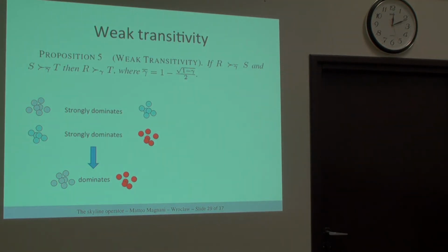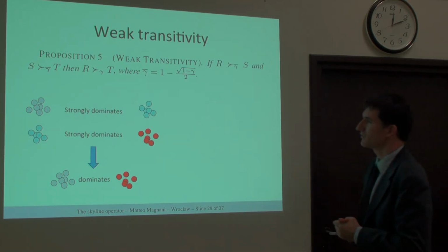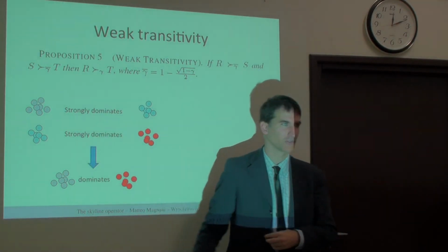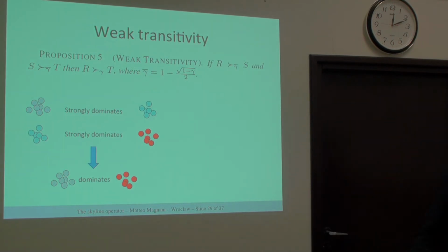But I can say that if I'm much better than you and you are better than him, that's enough to guarantee that I'm also better than him. This is a form of weak transitivity based on the concept of strong domination. And the good thing is that again we can mathematically formalize the much better than you.